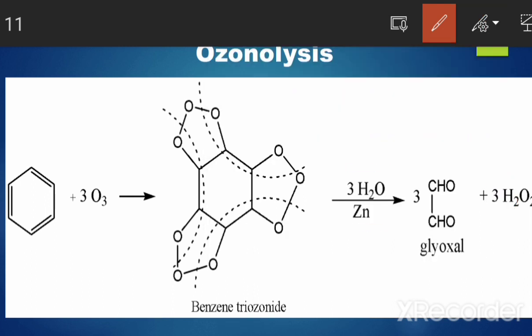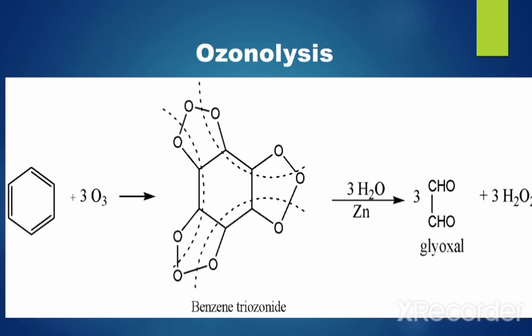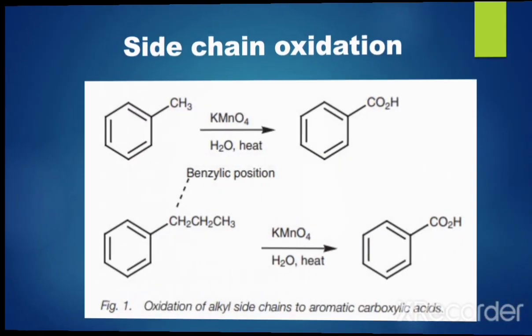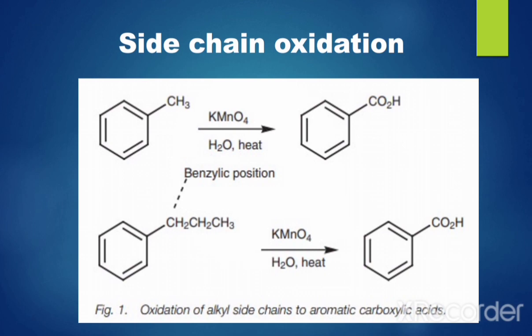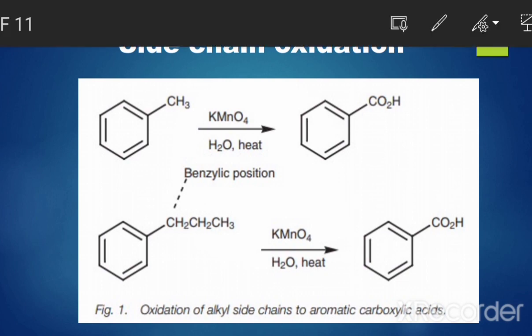So this is the ozonolysis of benzene, and the other topic is side chain oxidation, which means when the benzene has a certain group attached to it, and the first is methyl group, and in the presence of some catalyst and a water molecule, we will provide some heat to proceed the reaction.